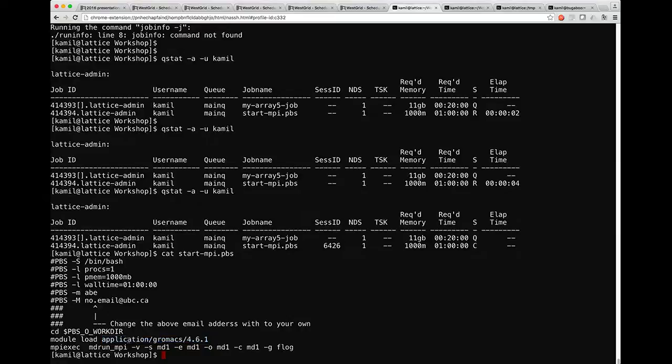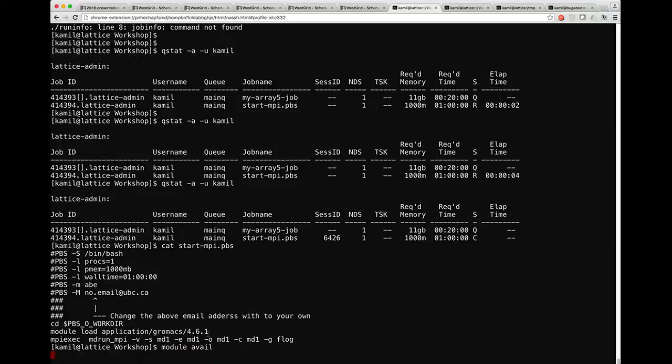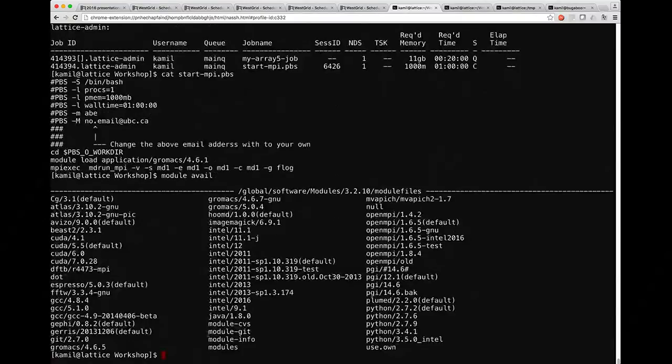I'm not sure. So there's something called modules, which load the appropriate environment. The names of modules here are different than they are on Jasper, so I'm not sure whether this would run properly.